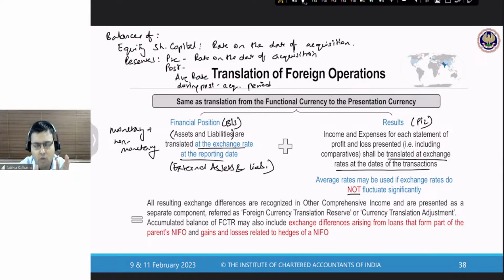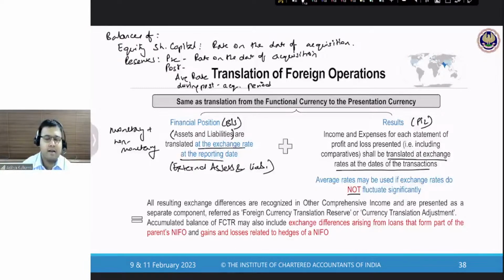Okay. You are converting a foreign trial balance into the functional currency using one rate for assets and liabilities, another rate for incomes and expenses, another rate for equity share capital and opening reserves, and another rate for post-acquisition reserves. So my question to you is a simple maths question.